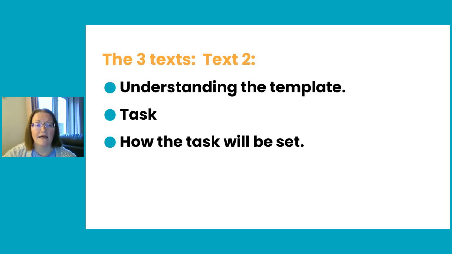When you see task, this means that we want you to write the questions that you would use for that stage. Only the questions, nothing more. Then under that, how the task will be set, we would like you to give a brief description of how the stage would go. For example, I would give and check instructions. I would give students a handout with the text. I would also have the questions on a handout.